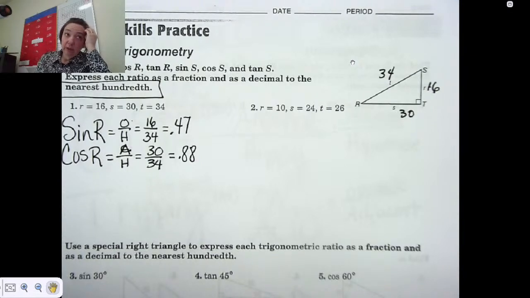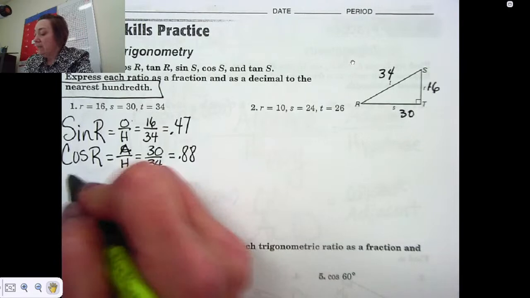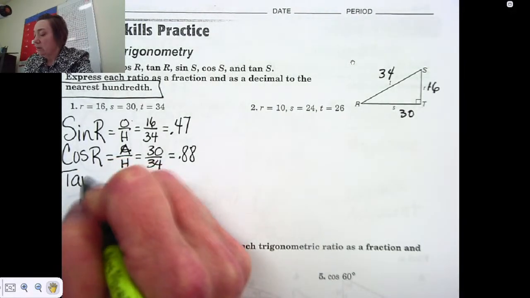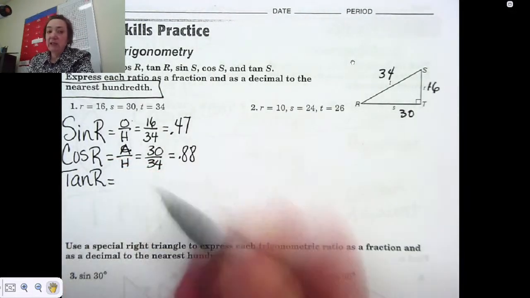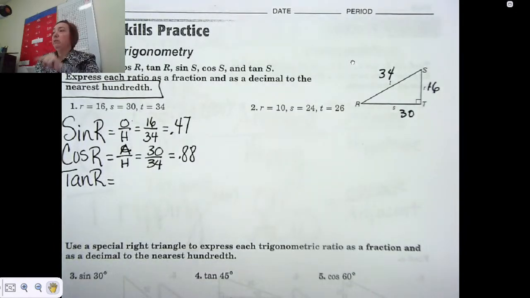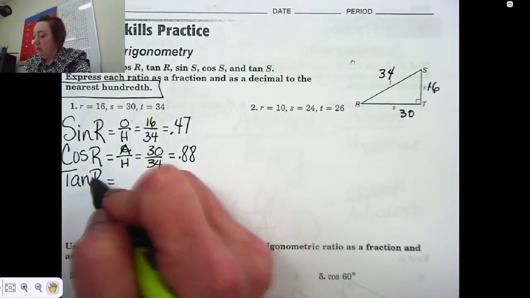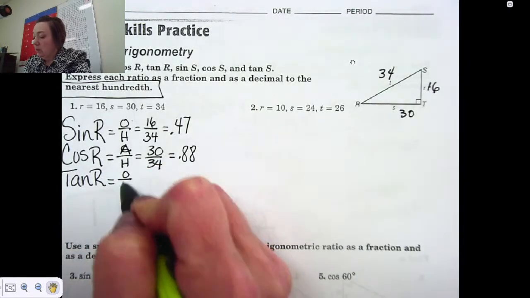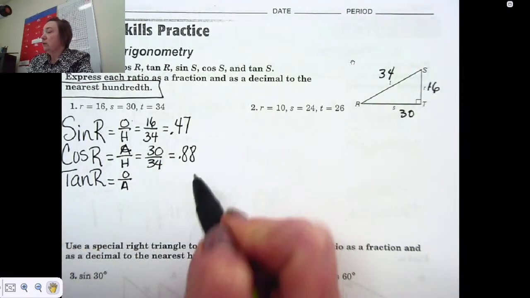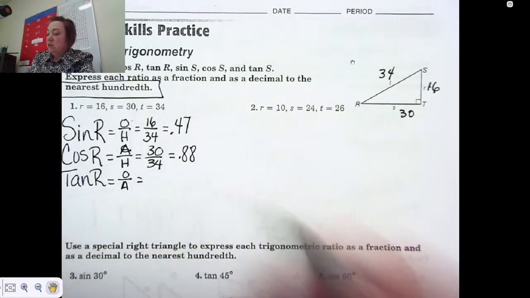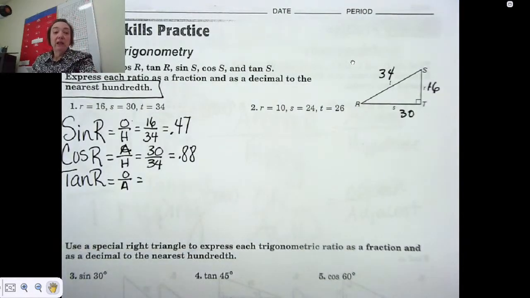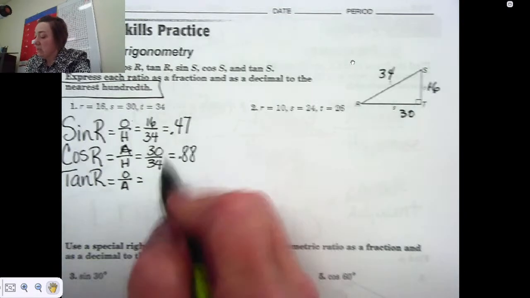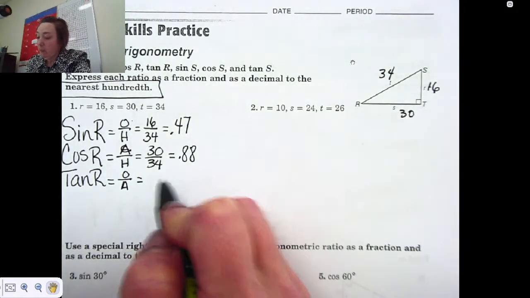All right. So far, so good? Okay. What about tangent of angle R? So some old hippie caught another hippie tripping on acid. So we look at angle R again, and we say, what's the opposite side for angle R? 16.